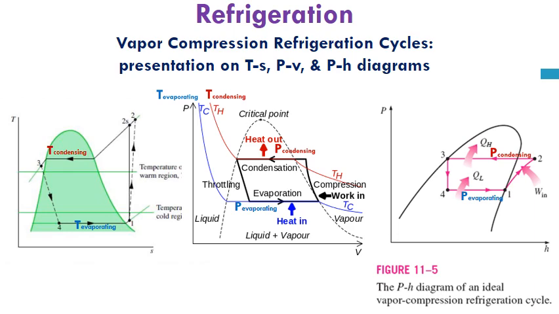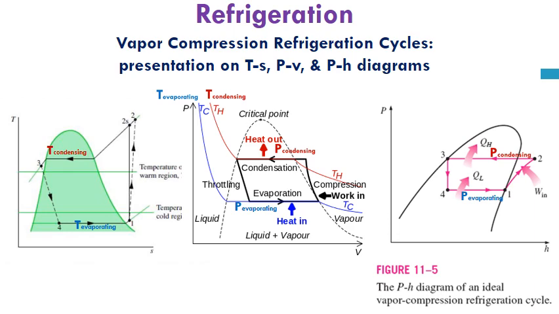This slide also presents the vapor compression cycle on TS diagram and on PV diagram, and finally the pH diagram, on which we have switched the vapor compression from TS diagram and PV diagram to use this pH diagram as discussed before.